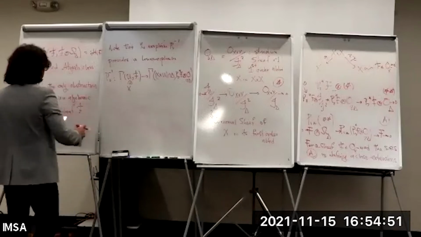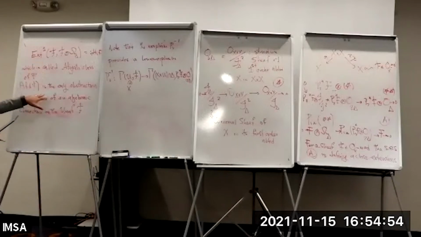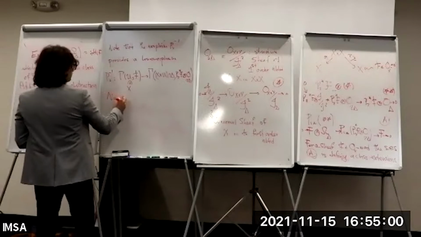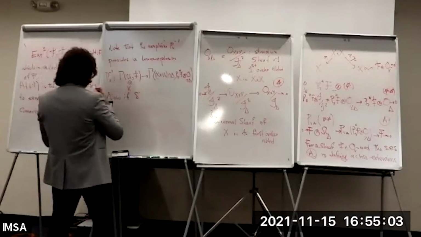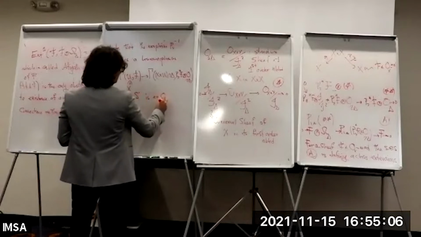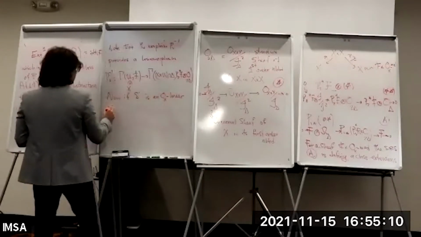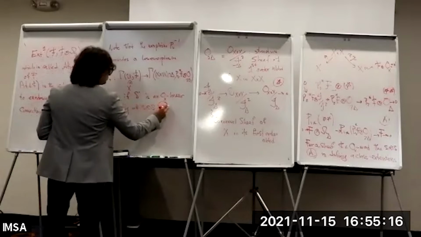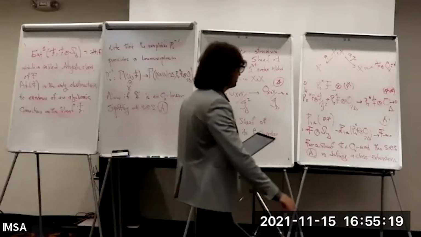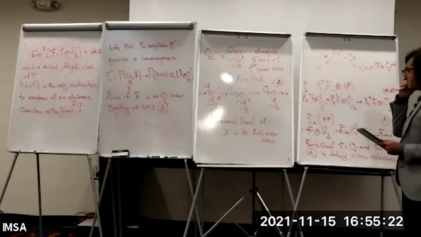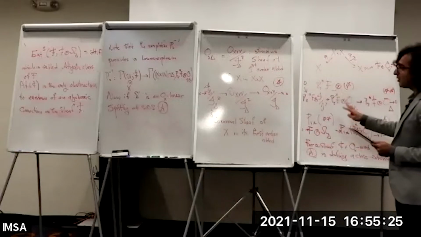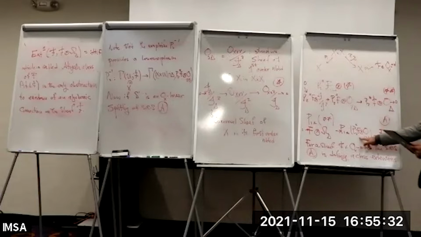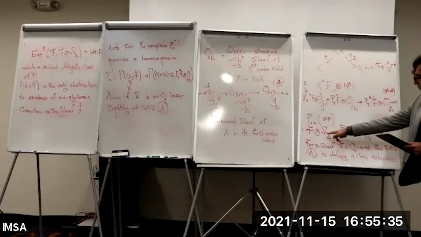So why is it that Atiyah class is an obstruction to existence of an algebraic connection? Now suppose S is an OX linear splitting of short exact sequence A. So let us assume that the short exact sequence in here is split. I have many ways of splitting it. Let's say one of the choices of that splitting, I call it S. What I can do is lift the local sections of that to here and then use the splitting and map over there.